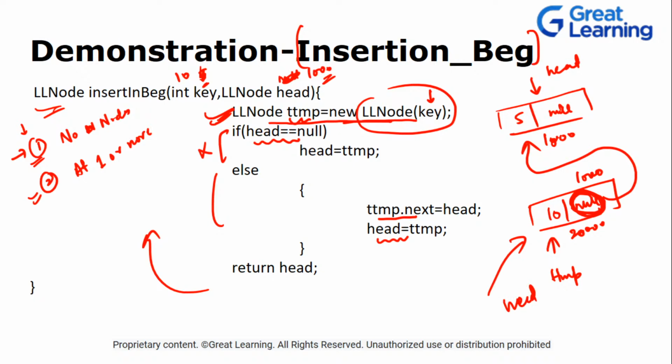So every time your head will change, this is done, and then you return the head node. Done. So this is how you insert the node at the beginning of the linked list every time. Now we are done with this.